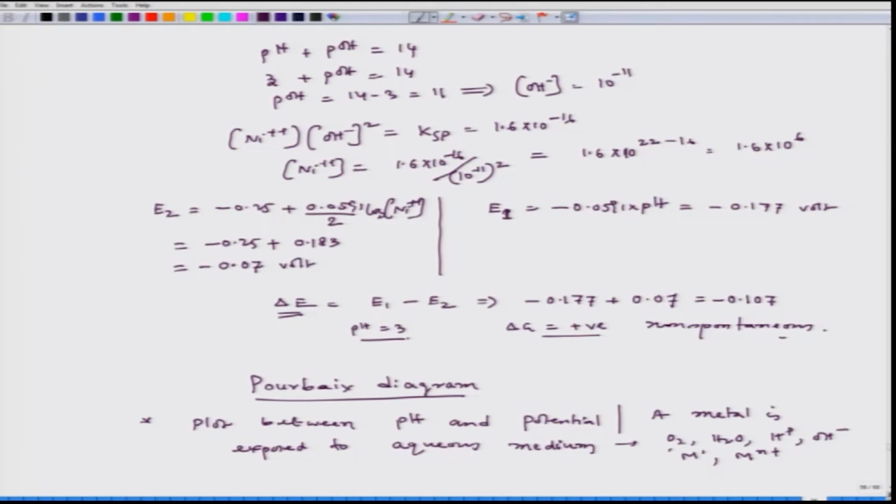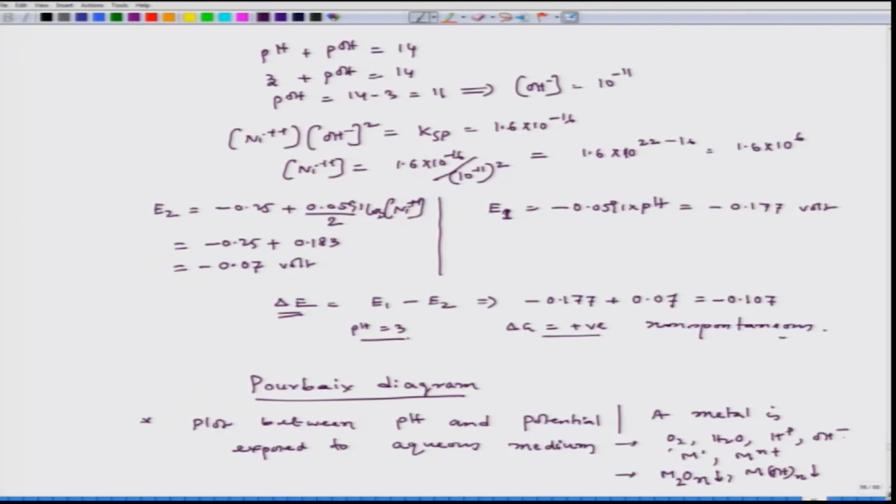Now, whenever we have metal ions, there could be possibility of formation of the oxide, M2On, or the hydroxide, M(OH)n. Generally these oxides or hydroxides have very low solubility product, and that is why they tend to settle down.